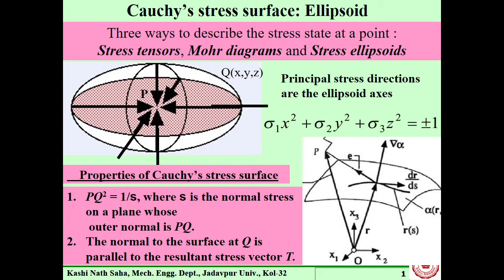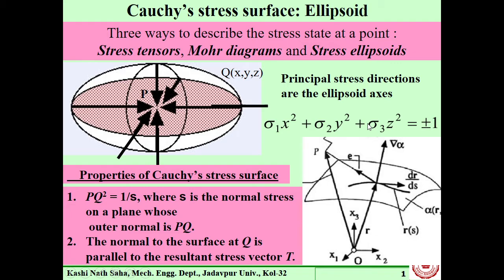Now, what is the equation of this ellipsoid? This is also given. This is constructed in principal directions, and we also know the values of the principal stresses, sigma 1, sigma 2 and sigma 3.